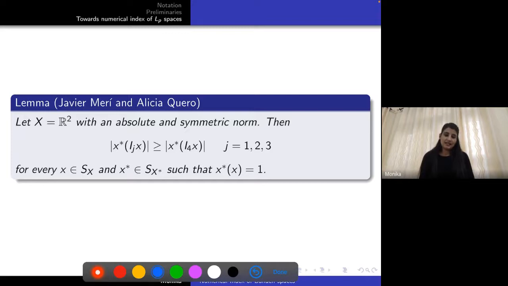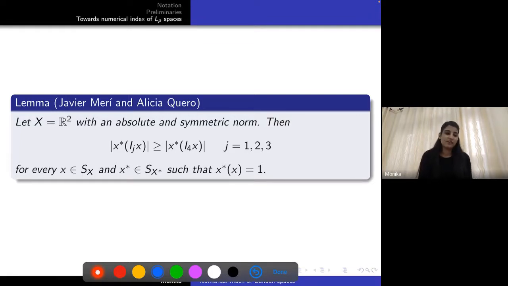For that, there was an important lemma: if we are working with an absolute and symmetric norm, then x*(I4 x) is a lower bound for x*(I_j x) when x and x* are unit vectors satisfying x*(x) equals 1.